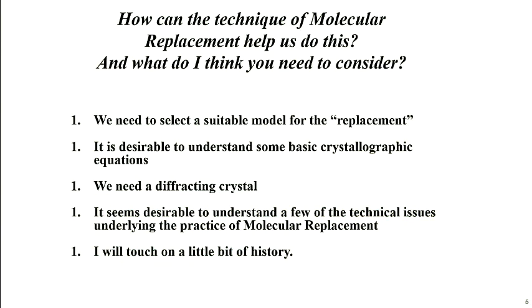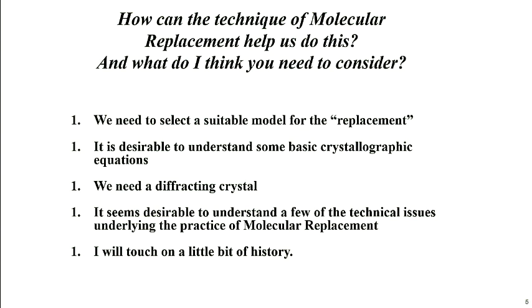So what do we have to think about to do this procedure? The first thing, of course, is to select a model. There are going to be a lot of talks later on about how to select the best model, but that's one of the most crucial parts of getting a decent molecular replacement: to have made some intelligent choices of what you're going to use as your starting model.